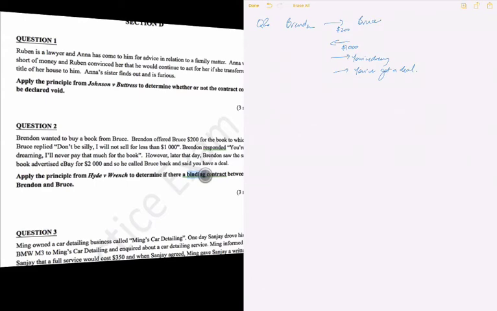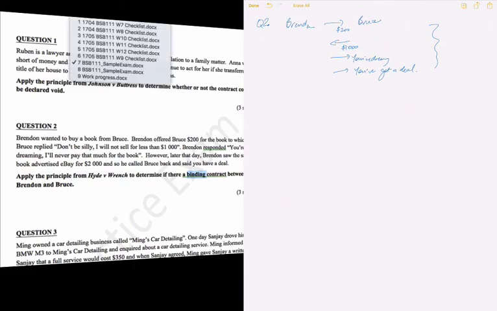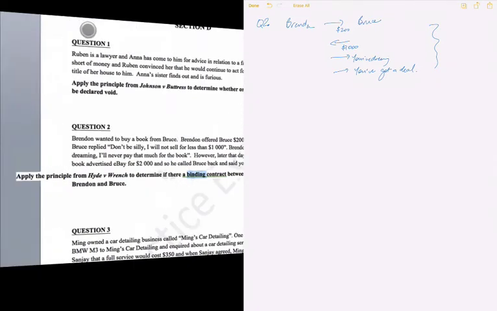And hopefully you remember that to have a contract, you've got to have agreement, intent, and consideration. So I'm really looking for this case, Hyde and Wrench, in our materials. I already think that based upon all of these offers, it's somewhere in agreement, even if I'm not sure about the specific area.